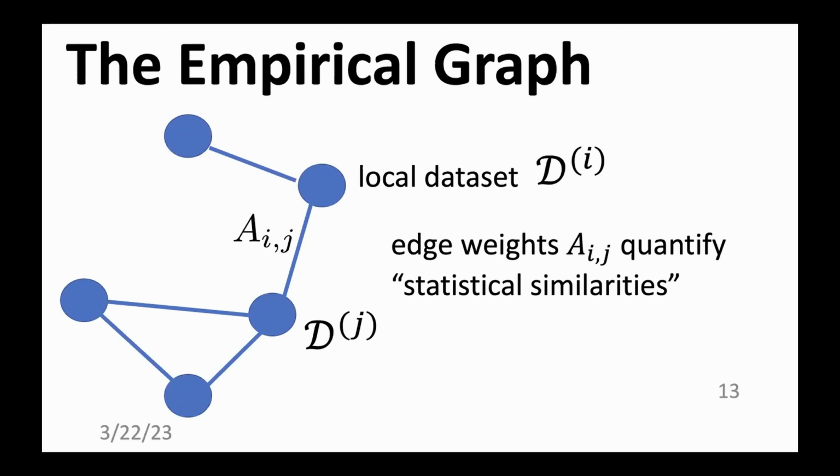In particular, they indicate that the parameters of the probability distributions behind the local data sets are somewhat close to each other. And we also use an edge weight that quantifies the statistical similarity.